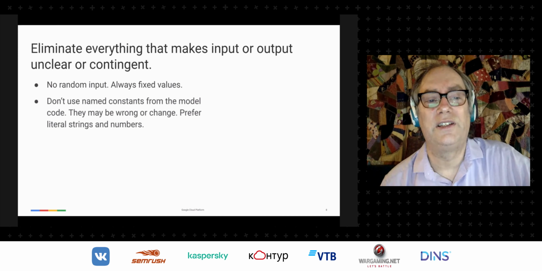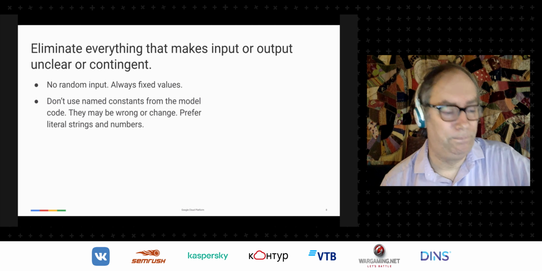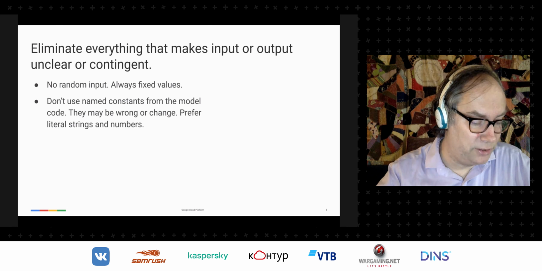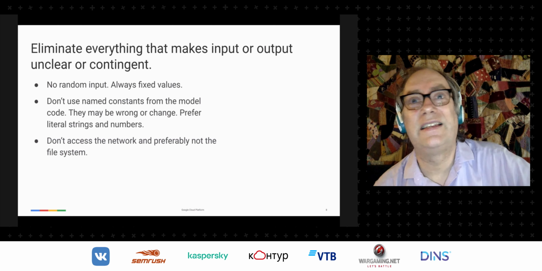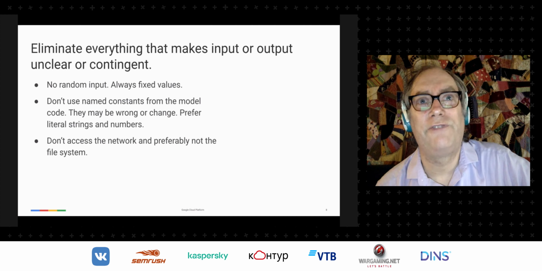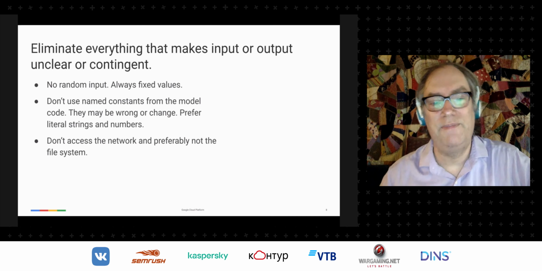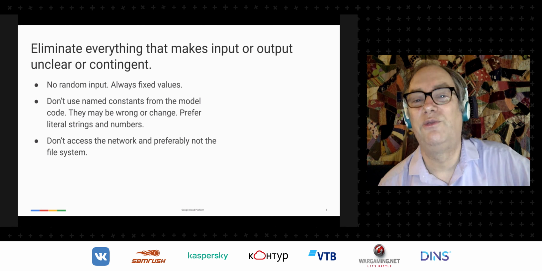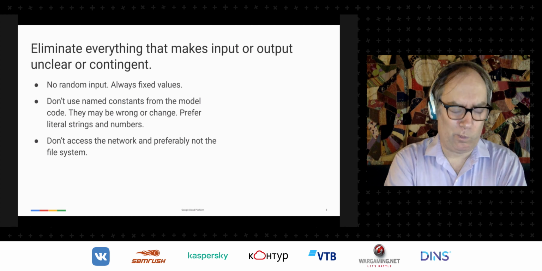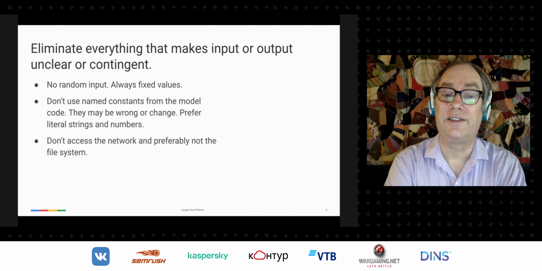And it's not just randomness that we're trying to avoid. Don't use named constants from the model code. They might not have the right values. Prefer literal strings and numbers. Try not to access the network. Networks are flaky. You don't want a test that fails just because Sonatype's Maven server is suddenly returning 403s, forbidden HTTP codes, to your unit test.